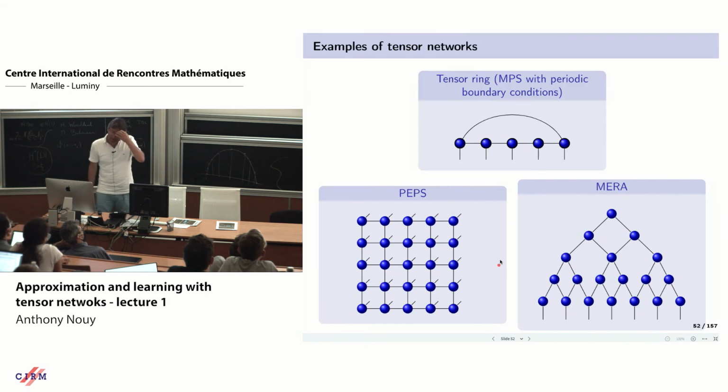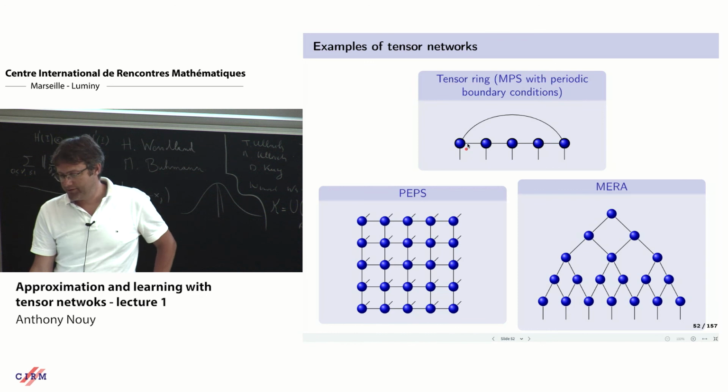These are tensor networks that you can find in the literature. For example, the tensor ring: if you remember, a tensor train, but now you have a connection between the first tensor and the last one. This is also called MPS, matrix product states with periodic boundary conditions. You have PEPS, MERA; these are terminologies that you can find in the physics literature.